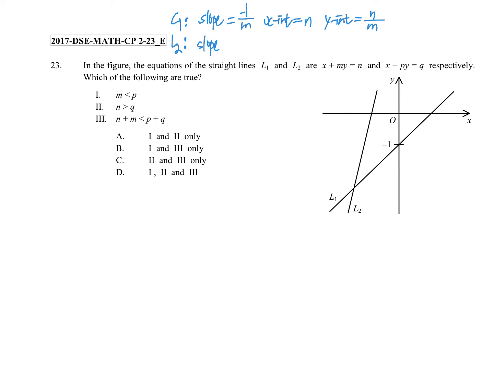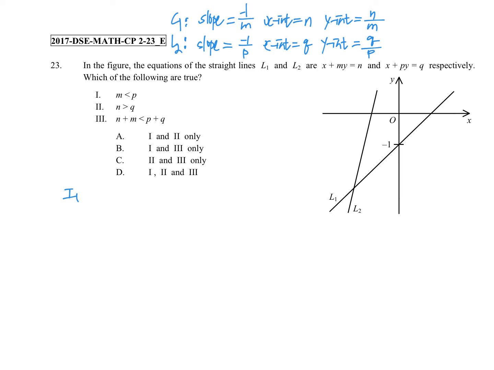So similarly, just using another constant here. So this is q, and then y-intercept, so there will be q/p. Okay. And then for statement 1, it's about m and p.